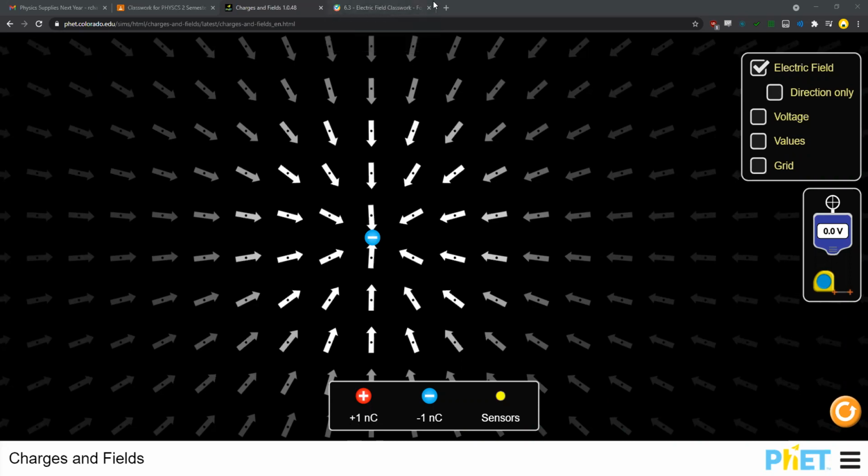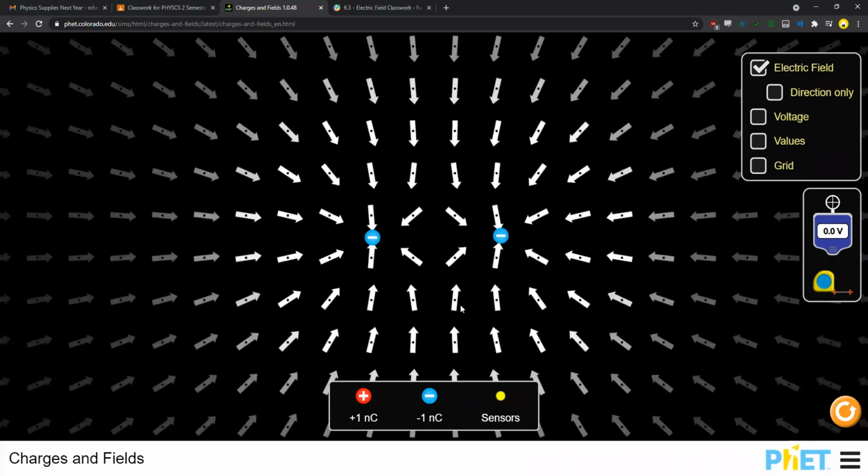They're both 1 nanocoulomb. Is it going to be curved lines going towards the center? Yeah, it's literally the same exact thing, except the lines are going inward now. Instead of lines going outward, you have lines going inward.